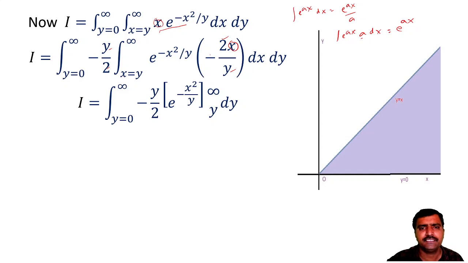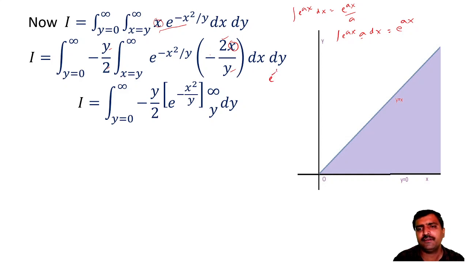So its integration is minus y by 2, which is outside the integration, keep it as it is. Its integration is just e to the power of ax. What is ax? It is e to the power of minus x square by y. And what is its limit? The limit is x from y to infinity. If you apply infinity in place of x, it is e to the power of minus infinity square by y.